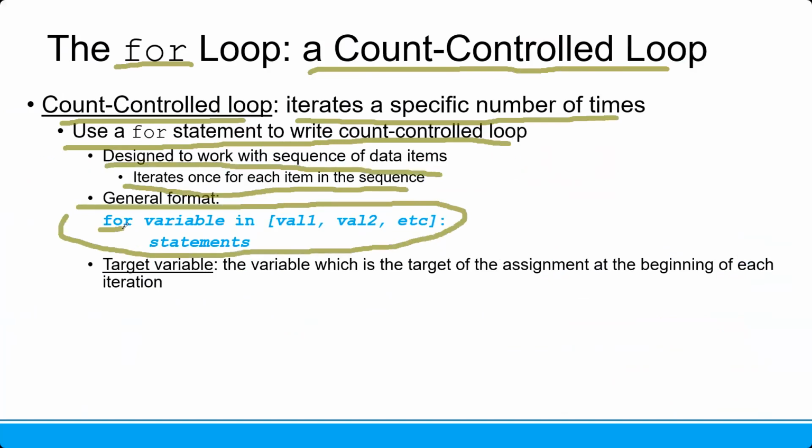So the general format is something like this. I have for, and then what is the variable? And I would like to check from a sequence of values. The sequence of values will be in square brackets. So if the variable is in this sequence, then we will do something.